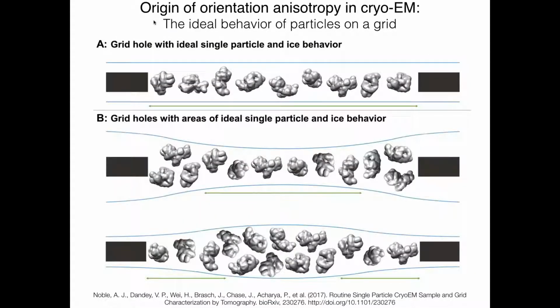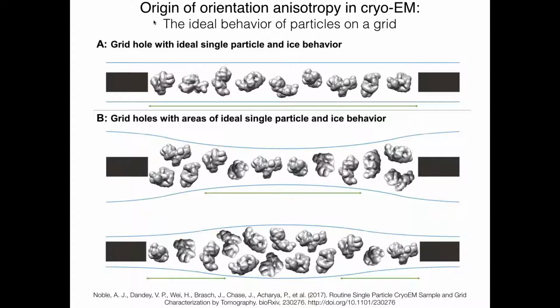One of the problems is that specimens actually adhere to one of two air-water interfaces. Under ideal conditions, if you look at a cross section of a grid and think of how specimens would behave in the cryo-EM grid, you would think that they would adopt random orientations inside this vitreous layer of ice.